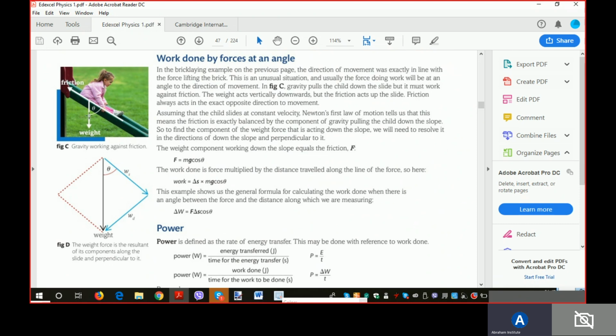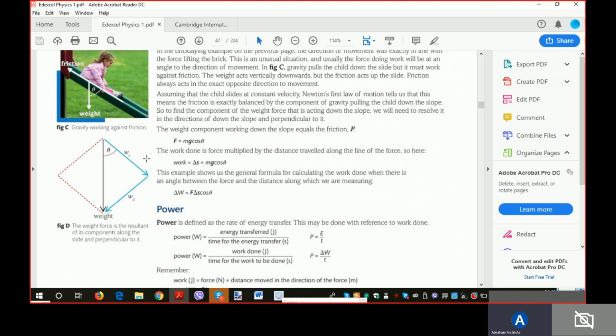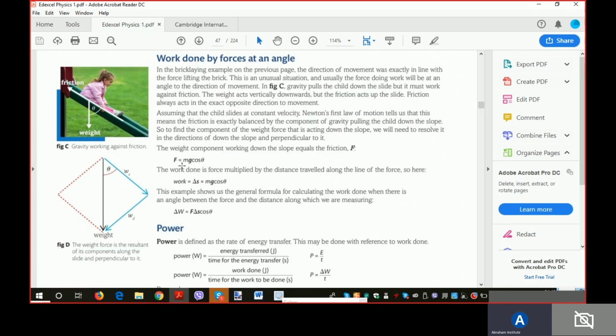The weight force is this way, and the distance moved in the direction of this weight force is in the vertical direction. So we can either take the vertical height and multiply it by the weight, or we can take the component of the weight in this direction and multiply it by the distance in this direction. So we have F equals mg cosine theta.